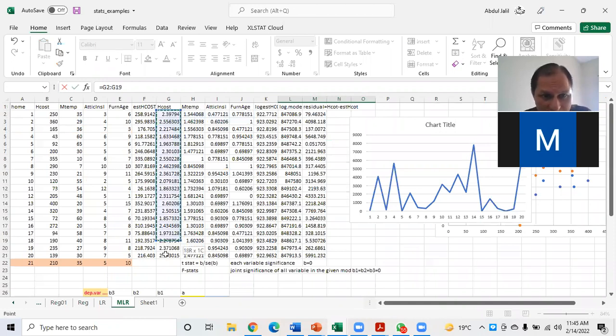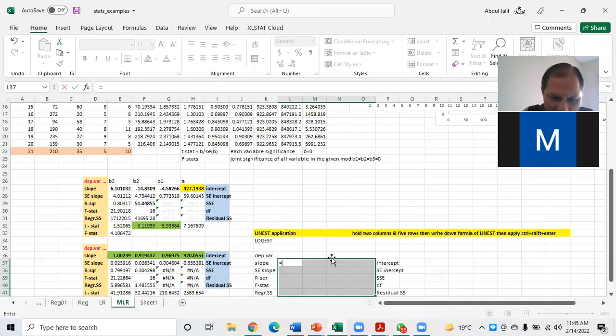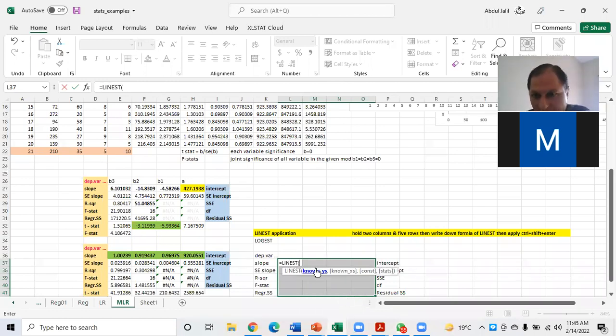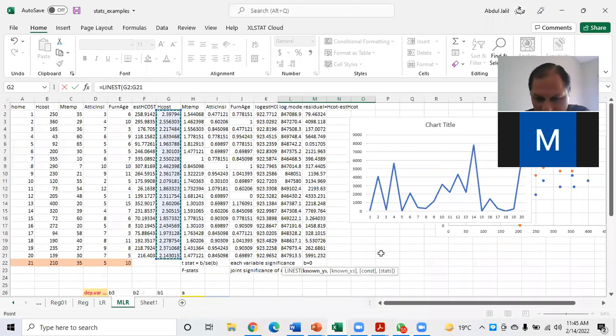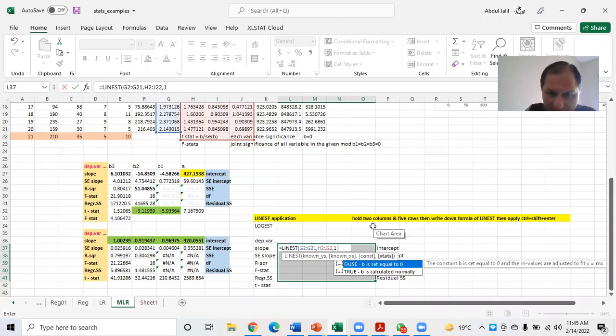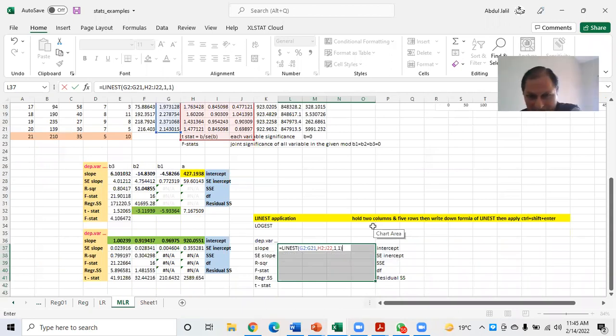So first I'm going to take line estimation, and then we have to go for this cost, comma, and then these four variables. And then you will put 1 and 1, close bracket, control shift enter.